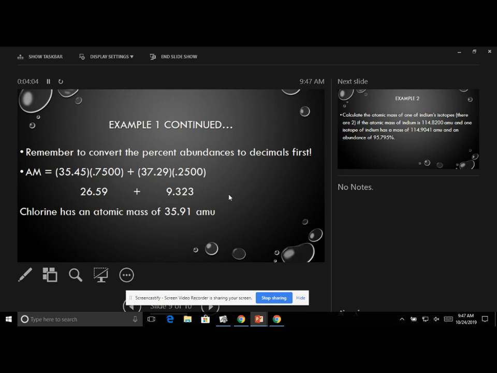Then we have the atomic mass of the isotope times the percent abundance as a decimal. We get this, plus the atomic mass of the second isotope times its percent abundance as a decimal. We get this, and when I add those 2 together, I get the atomic mass for chlorine.